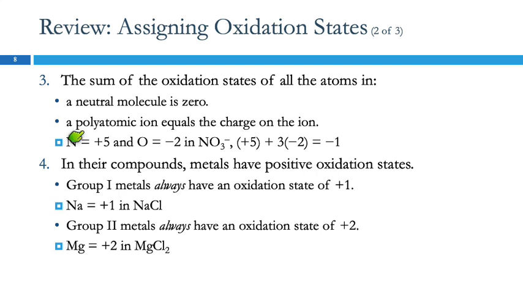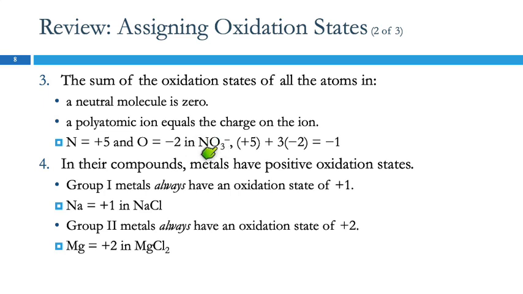If we're looking at a polyatomic ion, then the oxidation state will equal the charge on the ion. So here we have the nitrate ion. This overall has a charge of -1. The oxidation states of the nitrogen and the 3 oxygens in this are going to add up to -1.